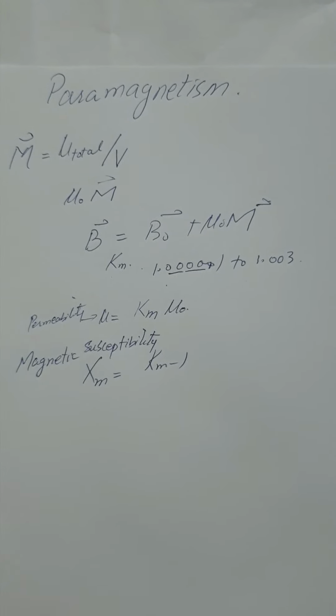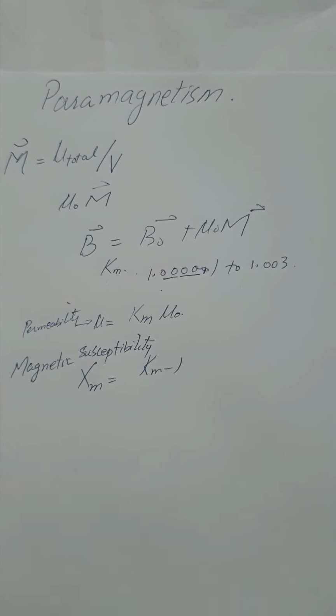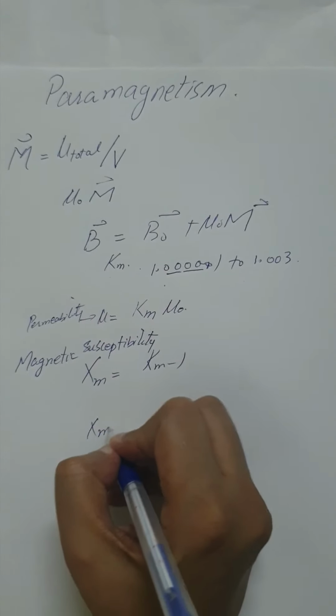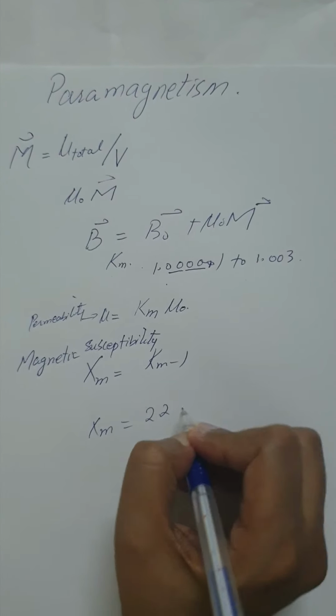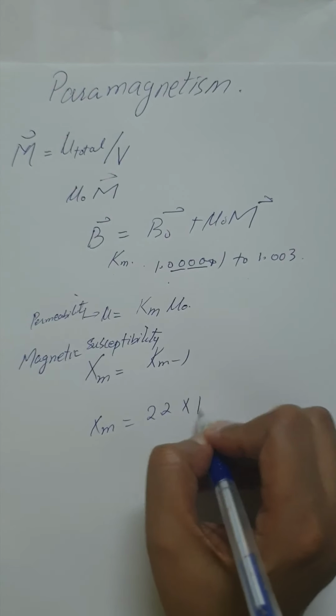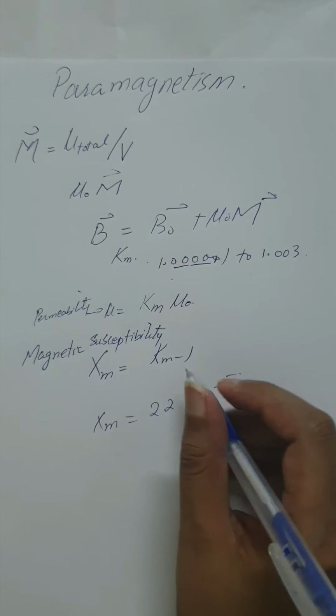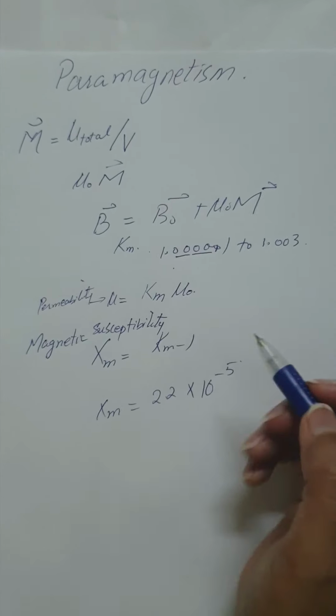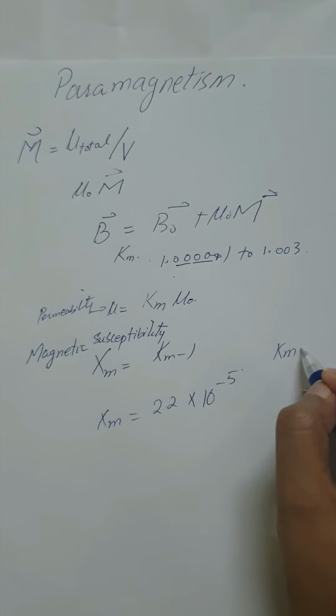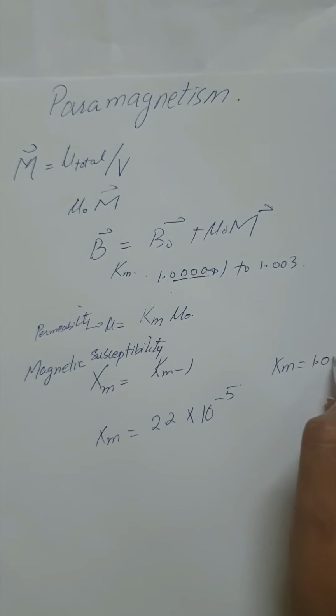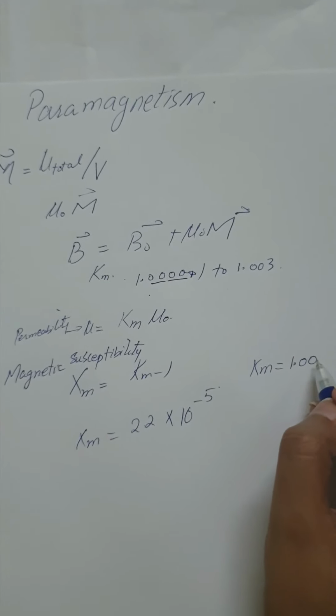For example, for aluminium, the value of chi m is 2.2 times 10 raised to power minus 5, and Km for aluminium is 1.00002.